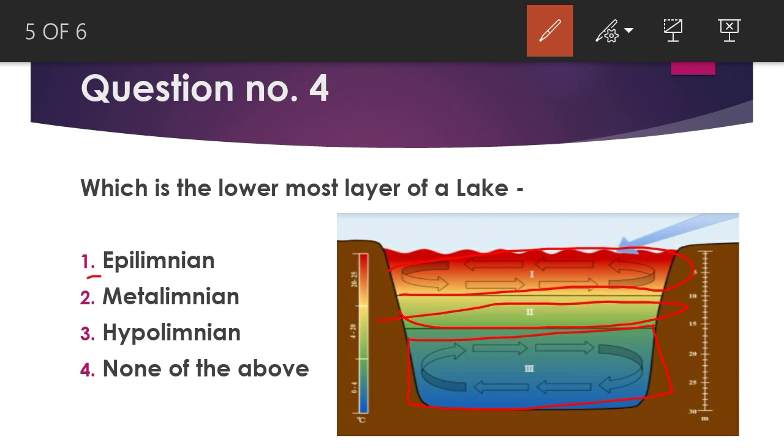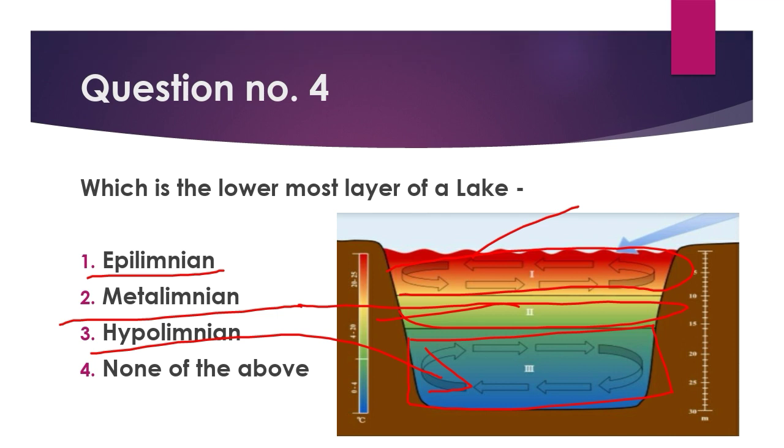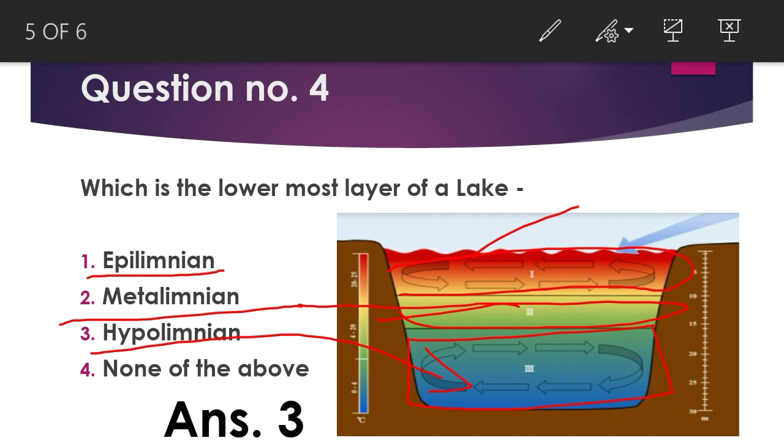So epilimnion is your uppermost layer, then we have metalimnion, that is the middle layer, and hypolimnion is the lowermost layer. So your third option is your right answer, that is the hypolimnion. One more thing to notice is that in lakes, the thermocline is found in the metalimnion layer. So as far as lakes are concerned, the thermocline layer is found in the metalimnion zone.